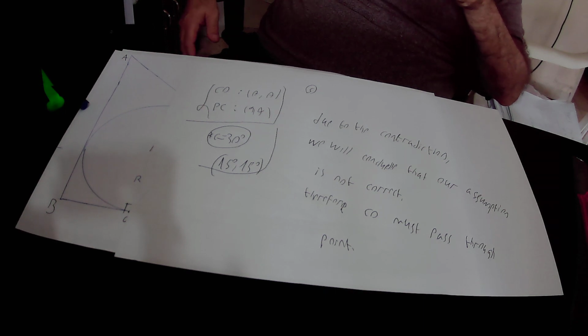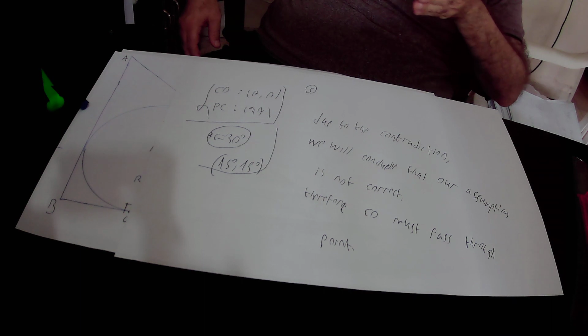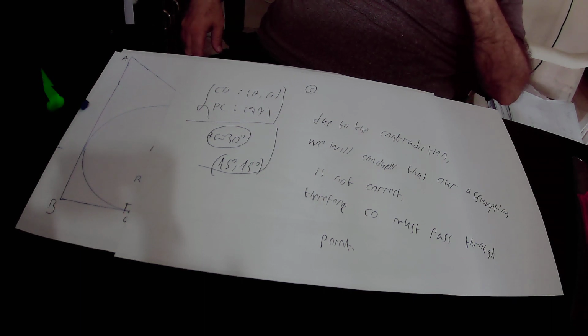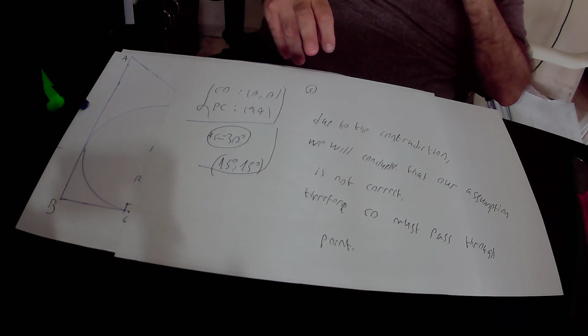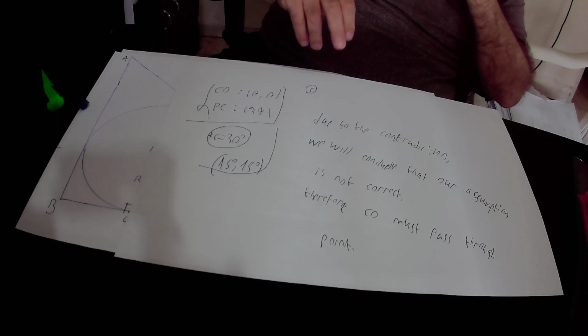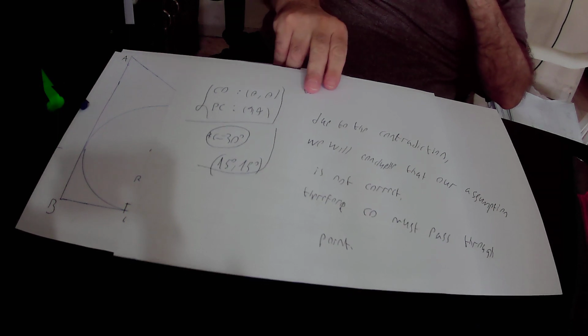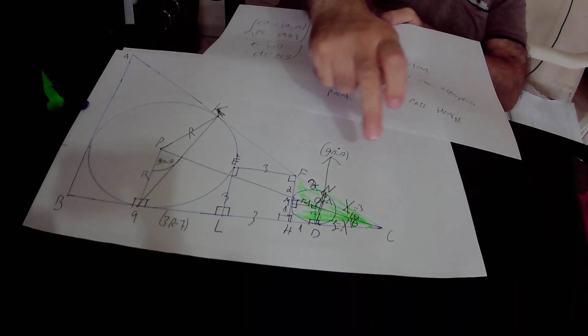So here we have a contradiction, and because of the contradiction we must conclude that our assumption that CO doesn't pass through point P is not correct. Therefore we conclude that CO passes through point P. Yes, CO passes through point P.